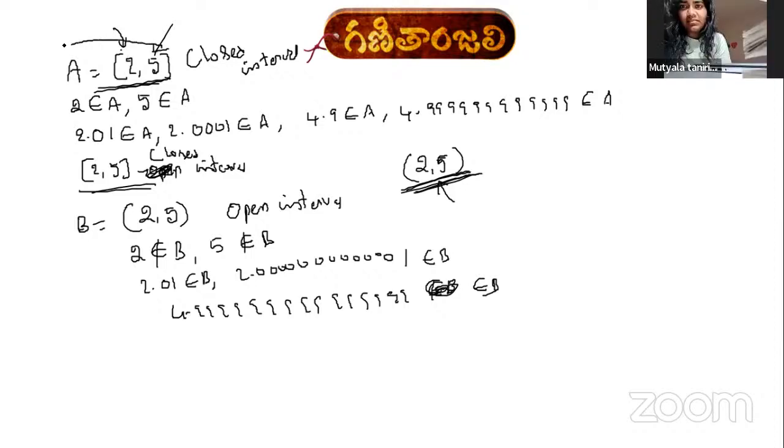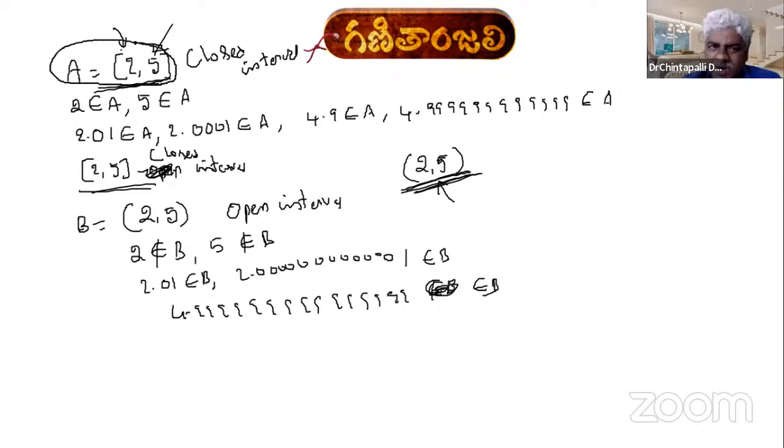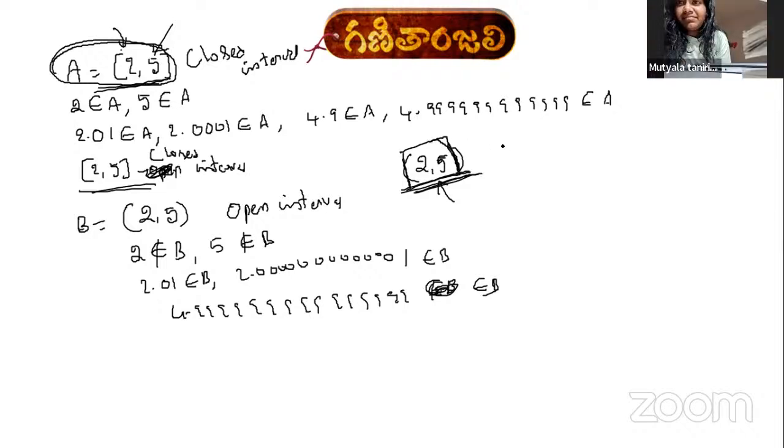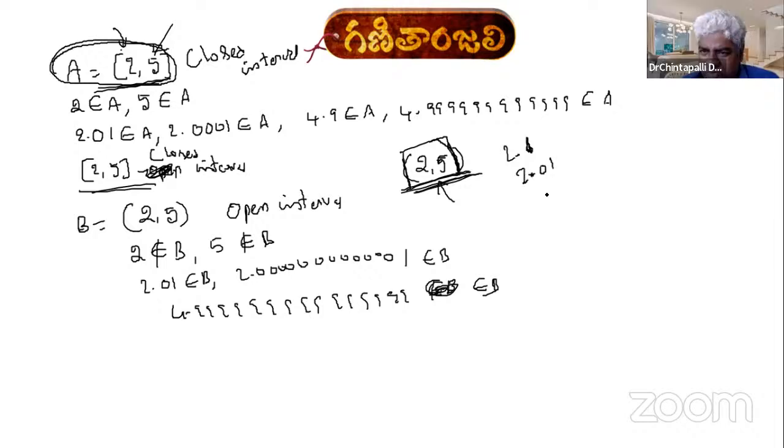If you take the interval A, what is the beginning number? 2, sir. What is ending? 5, sir. So it has beginning and also ending. Please tell what is the beginning? 2.1. No, 2.1 is not the beginning. 2.01 is smaller than it.